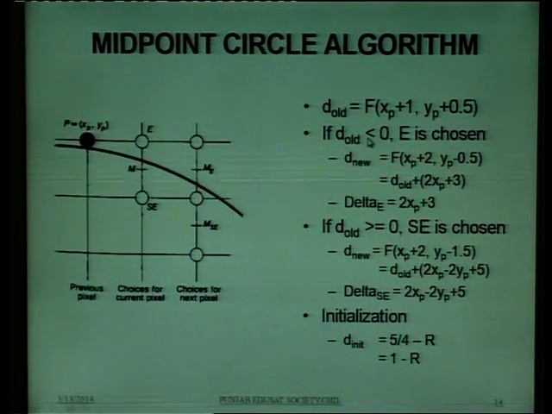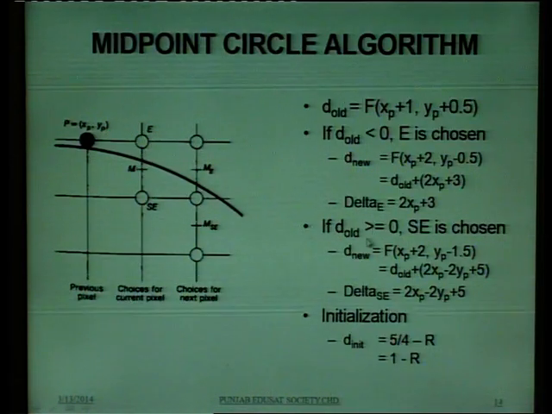If d old is less than 0, then E is chosen, that is the pixel which is above the symmetry, and d new will be f of (xp plus 2, yp plus 0.5), that is d old plus 2xp plus 3. These are the values which will be found for finding the location of the pixel E.